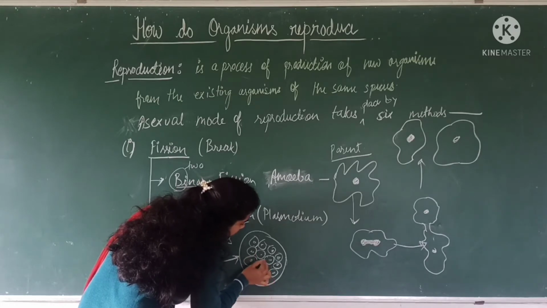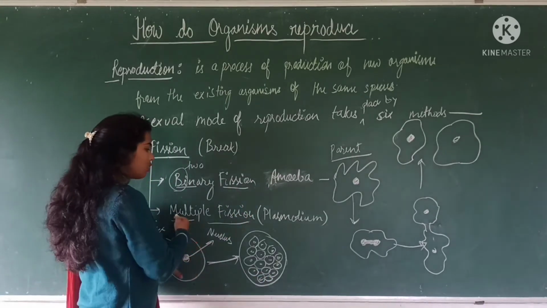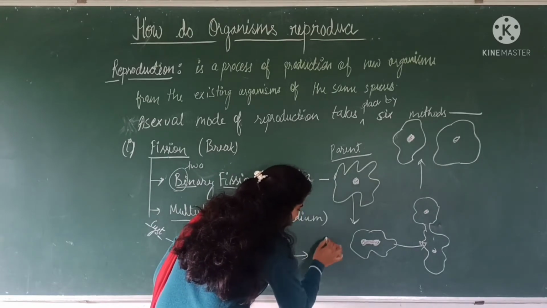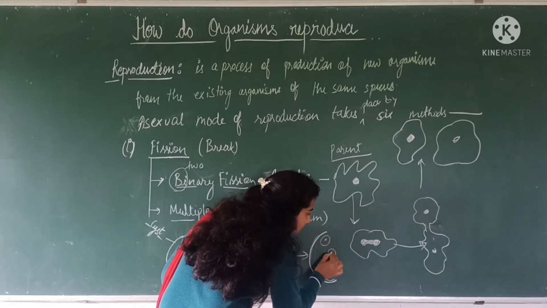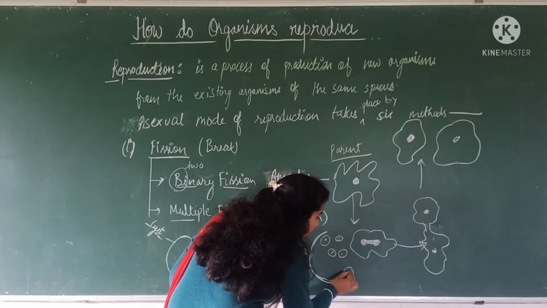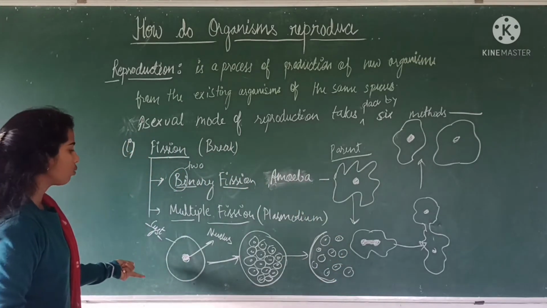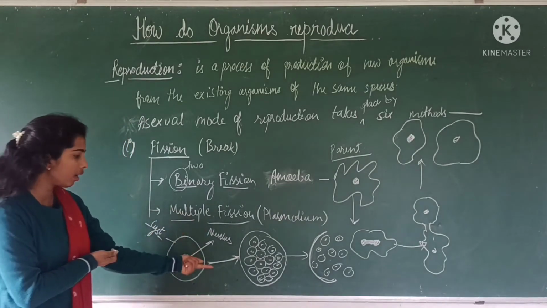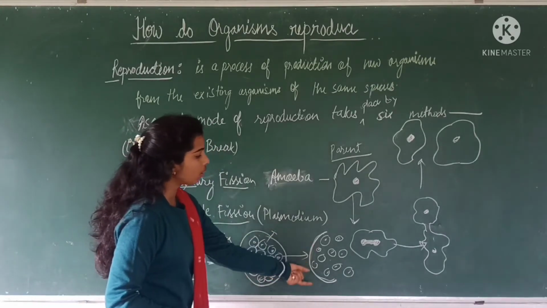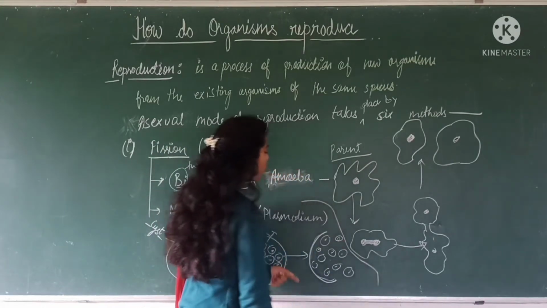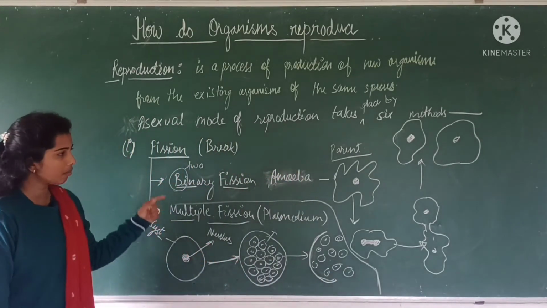One parent body is divided into many daughter cells. So that is why we call it multiple fission. After that, the cyst breaks, and each daughter cell is released from the cyst and forms a new Plasmodium. This is known as multiple fission. Here the parent body is divided into many parts.